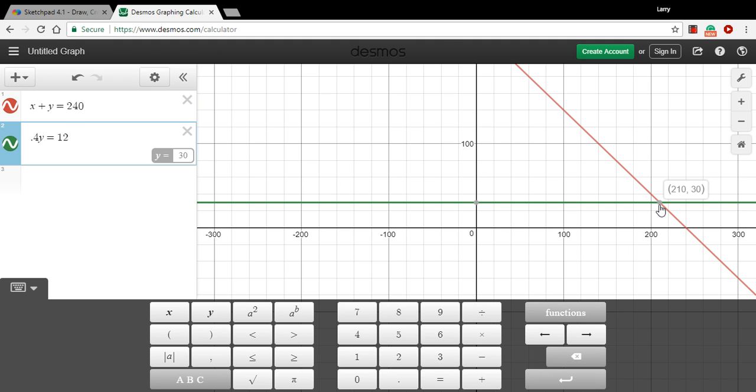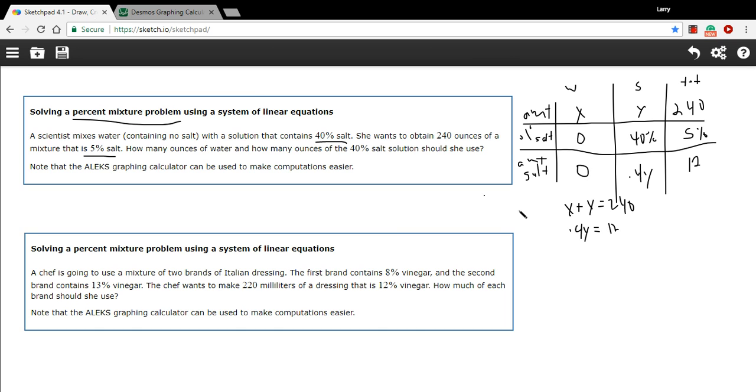So the amount of X we need is 210 ounces, and the amount of Y we need is 30 ounces. So X equals 210 and Y equals 30. If you think about this, we've got a pretty strong salt solution, 40%, and we need to dilute it with a lot of water. So we're putting in a lot of water and a moderate amount of the salt solution.